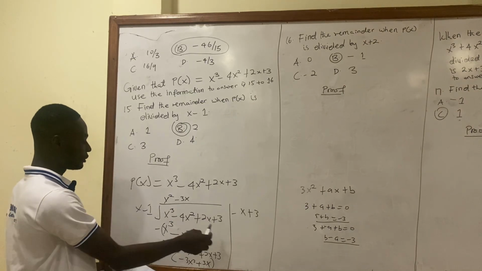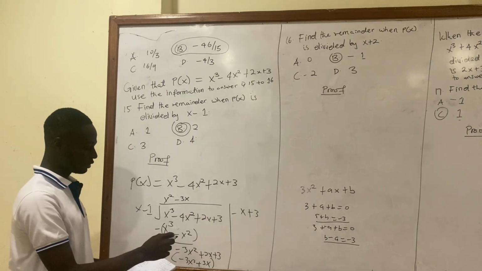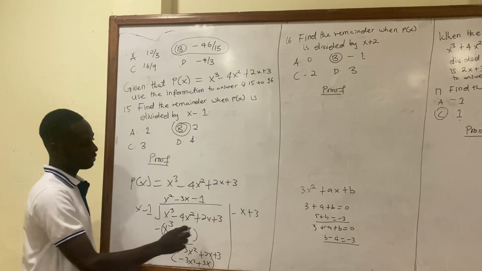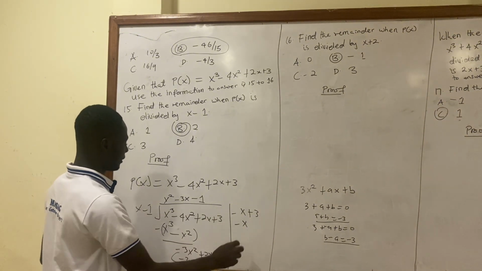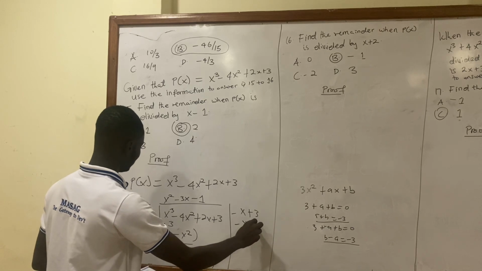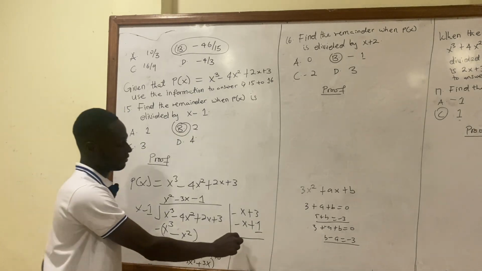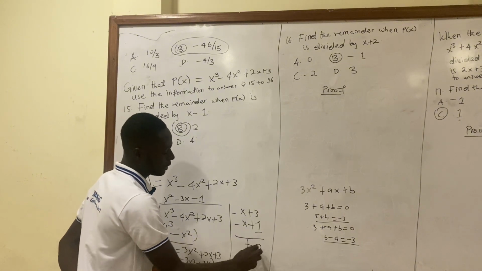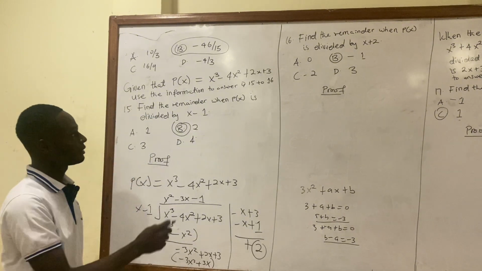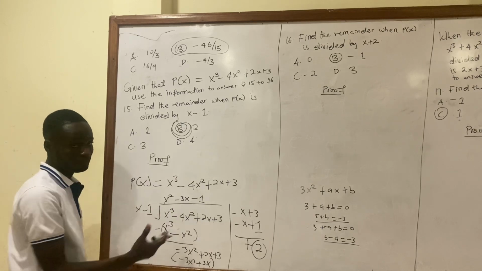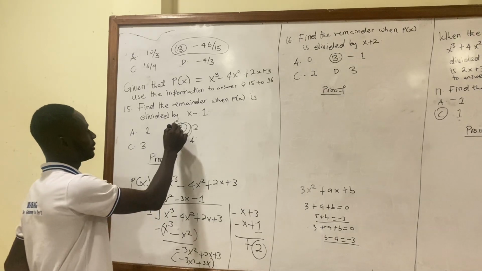Then you use this to multiply again, you have minus 1. Use it to multiply the whole thing, you have minus x plus 1. So this you subtract, you have plus 2 as your remainder. So this is our remainder as the question demanded, and we've proved it. So this is B.